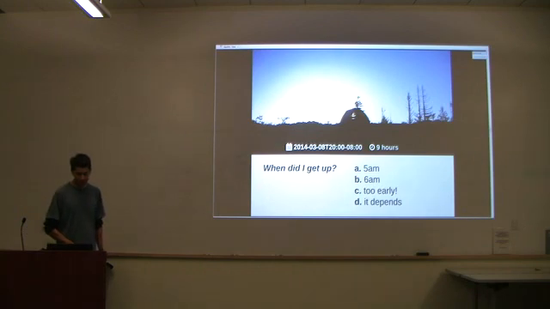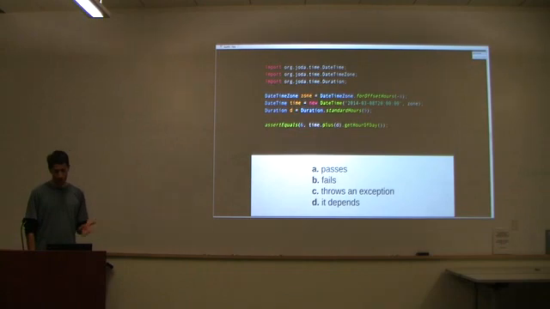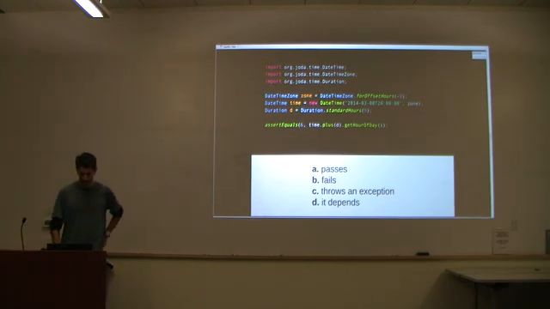Okay, next puzzle. Let's say I go to sleep at 8 o'clock and I sleep for 9 hours. What time did I get up? Let's look at this using Joda-Time again.